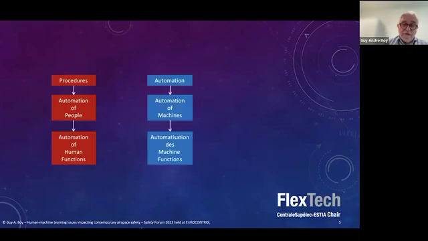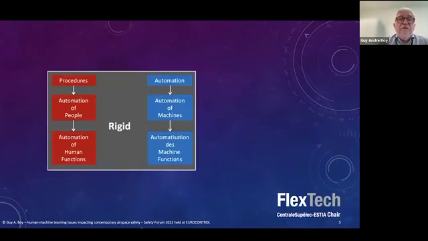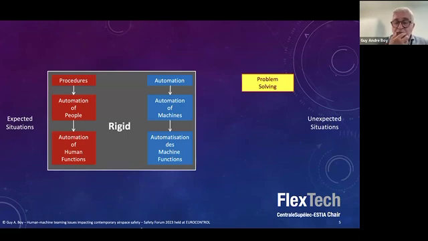But all this is in a very rigid world, in a known world, for expected situations. But what happens for unexpected situations, something that is rare, sometimes unknown? Do you continue to apply procedures? If you do that, most of the time, it could be extremely dangerous. So you solve problems, and sometimes solving the problems, you go back to an expected situation. But the first thing to do is to solve the problem.